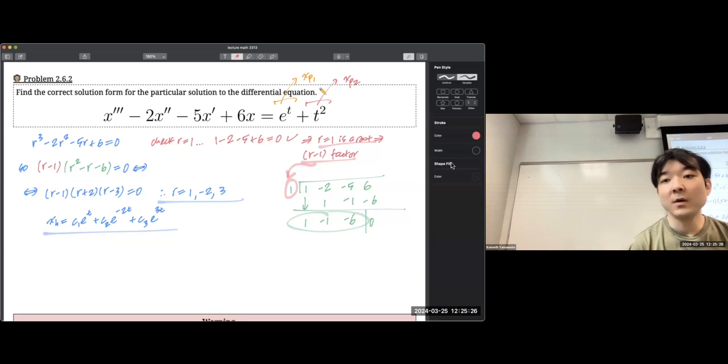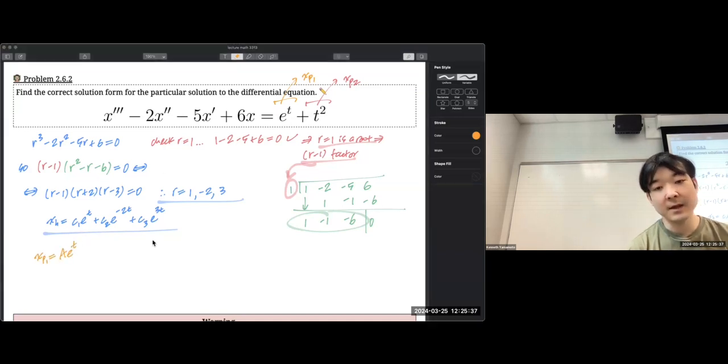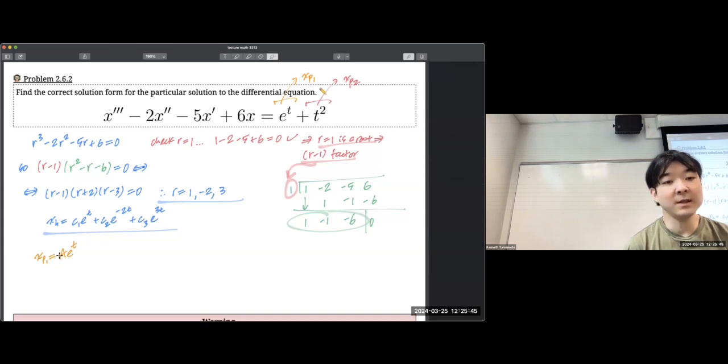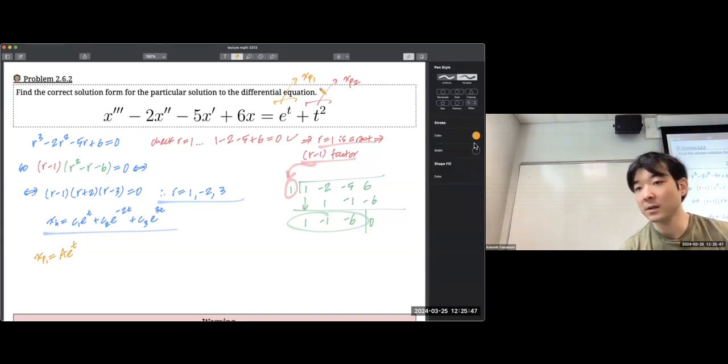XP2. So we're going to build XP1. XP1 is going to be this exponential, so it's going to be a e to the t. Now, let's just make sure we get this completely right and then do the XP2. So this one, does it need to be changed? You have to multiply by t because this clearly matches with this homogeneous.